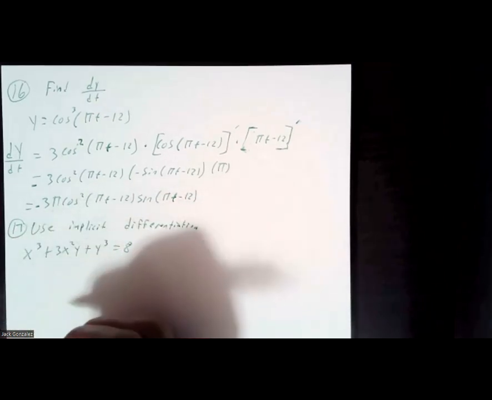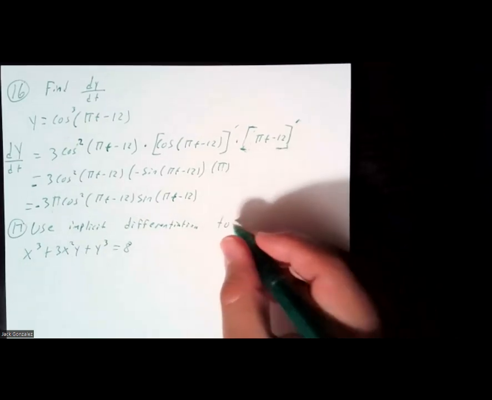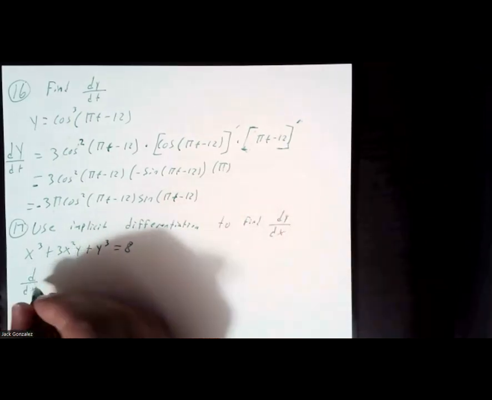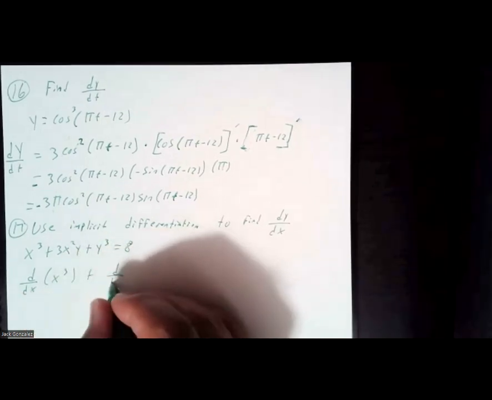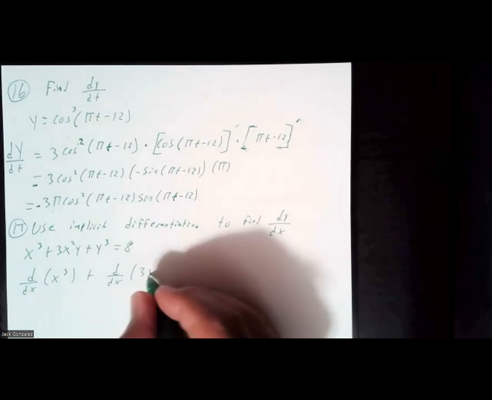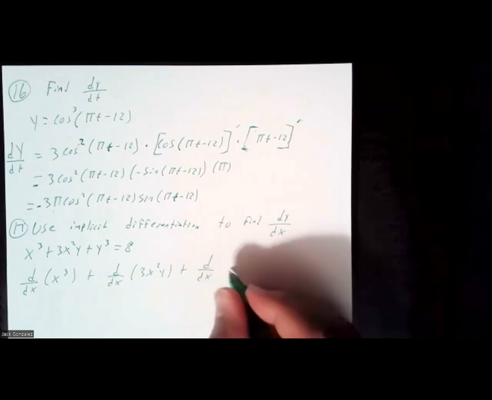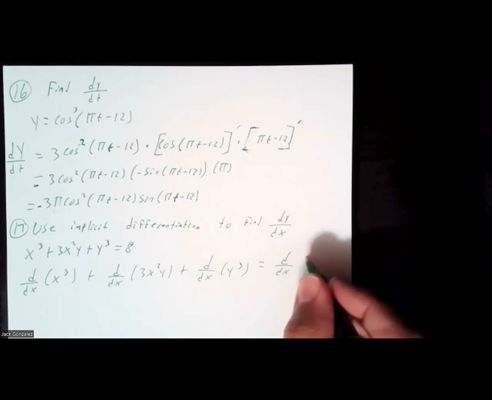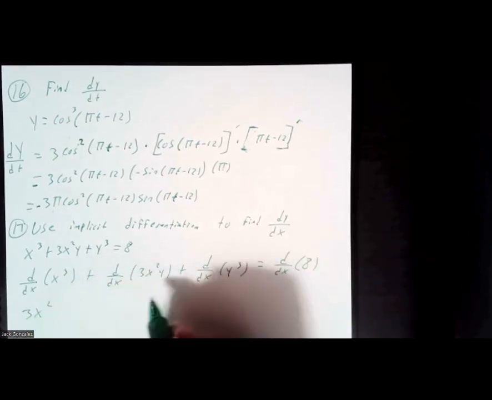Okay, so they want us to use implicit differentiation to find dy dx. So I'm going to take a derivative with respect to x of every term. So this will become 3x squared.